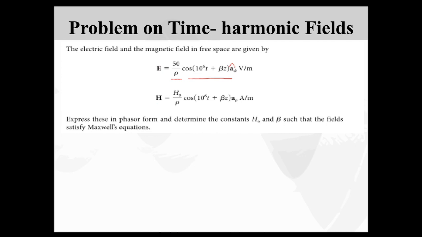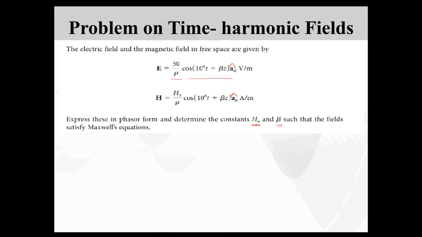Likewise, the magnetic field intensity is given as a function of time, and its positional orientation is also given, along the a rho direction. We need to express the above two expressions in their phasor form, and we also need to find the values of the constants, that is the magnitude of the field H naught, and also the value of beta. So let us use the Maxwell's equations from the previous slide to solve the expression.